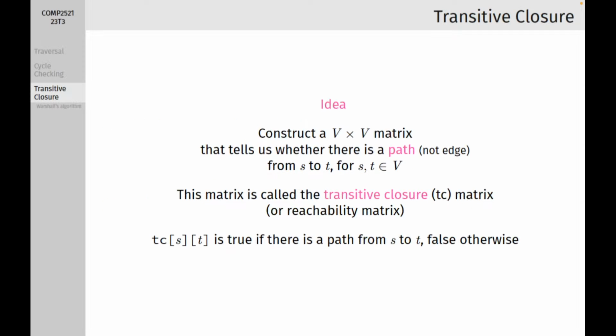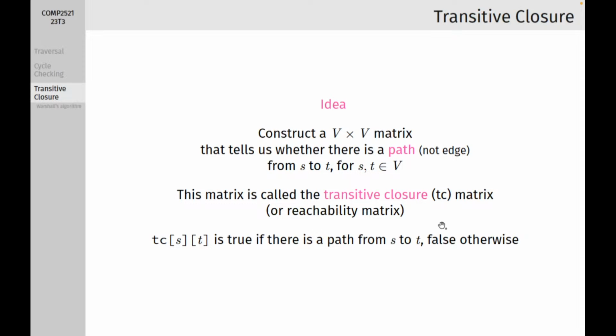So one idea that we might have is to construct a V by V matrix that tells us whether there is a path from S to T, similar to an adjacency matrix that tells us if there is an edge from S to T. But instead of that, we want a matrix that tells us if there is a path from S to T for each pair of vertices S, T. This matrix is called the transitive closure matrix or reachability matrix, and we'll abbreviate it as TC.